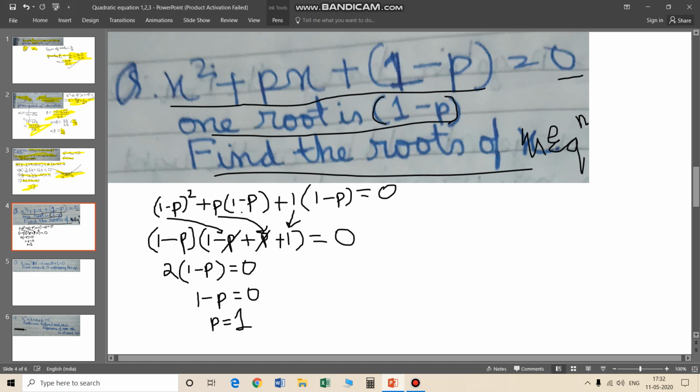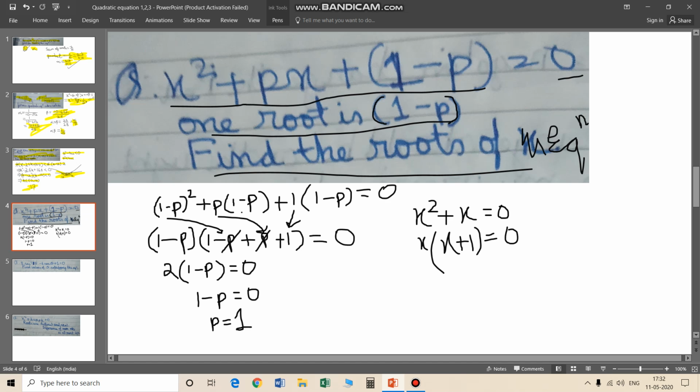As I told you earlier, reframe the equation by putting the value of p. It will be x square plus 1 into x is x, and 1 minus 1 is 0, then x square plus x equals 0. Then take x common here, x into x plus 1, which is equal to 0.